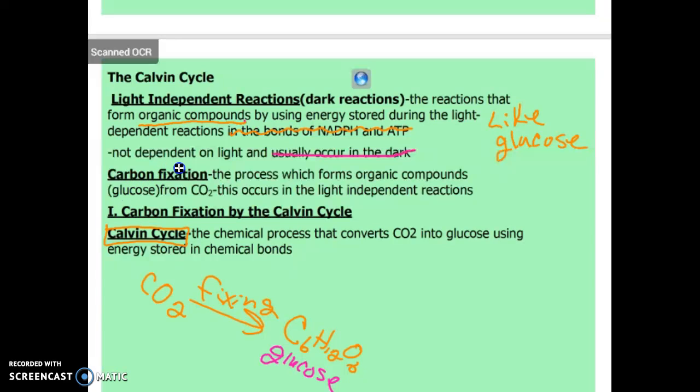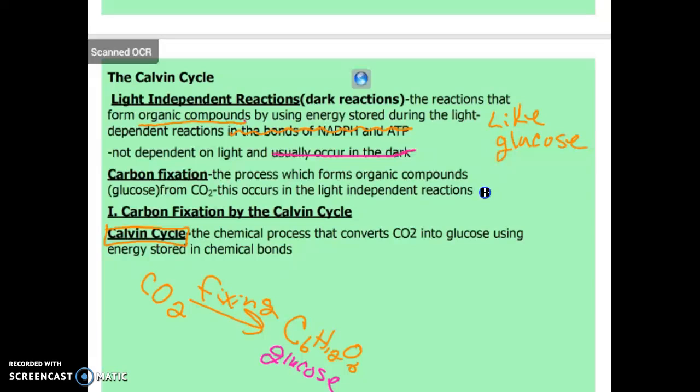And then a term we use, carbon fixation. We say carbon is fixed in this cycle. Well, it wasn't broken. That's not what it means. It means that, by fixing it, it's converted from one form to another. So the carbon in the carbon dioxide is going to be converted into glucose, which remember is a sugar containing carbon.